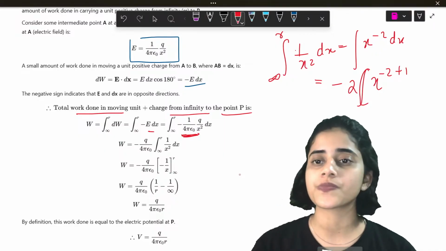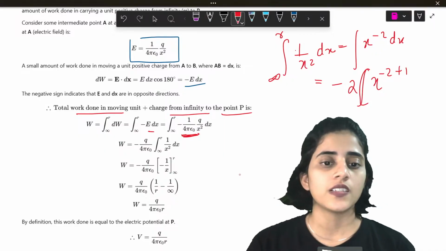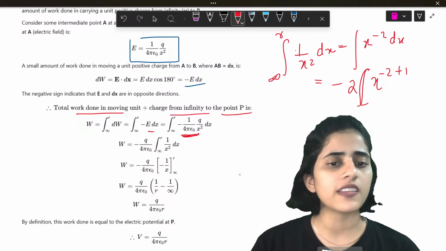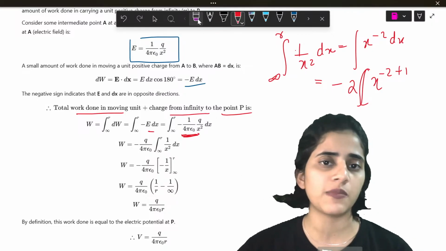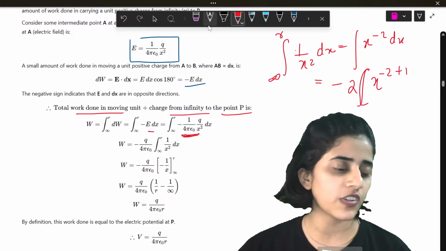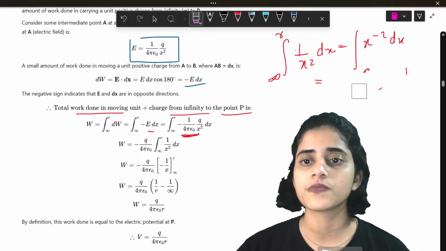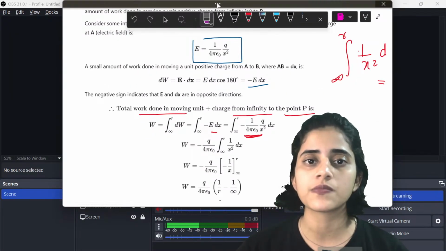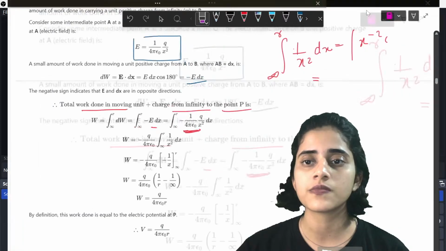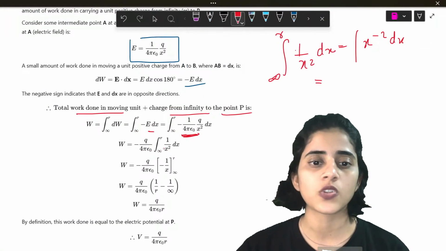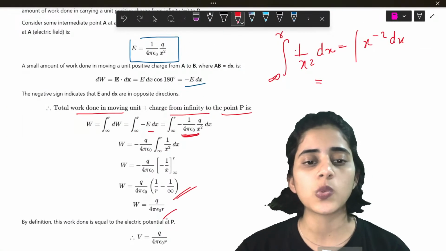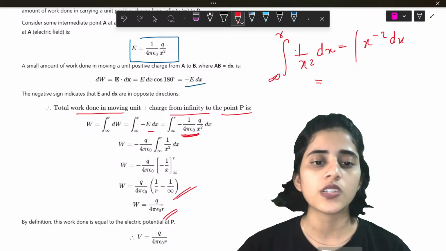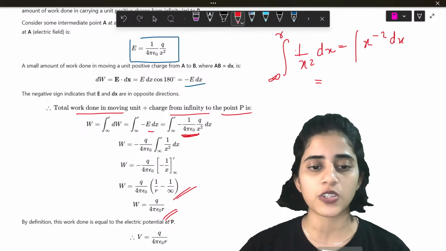Okay. Yeah. And then you just substitute the limits. Limits are R and infinity. You substitute the limits and you will get W is equal to Q divided by 4 pi epsilon naught R.